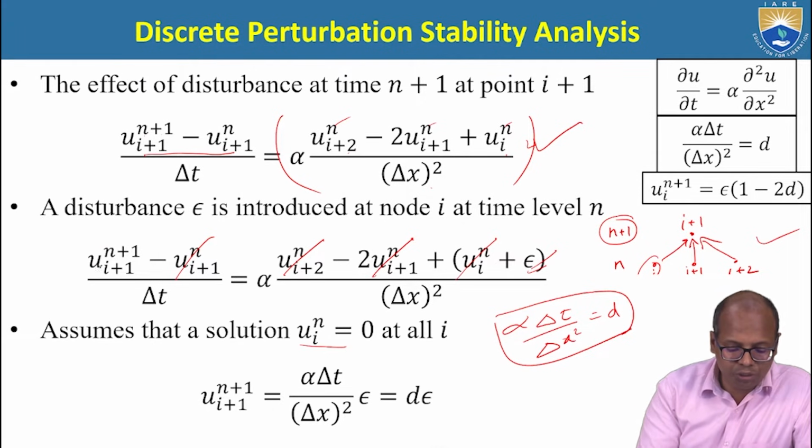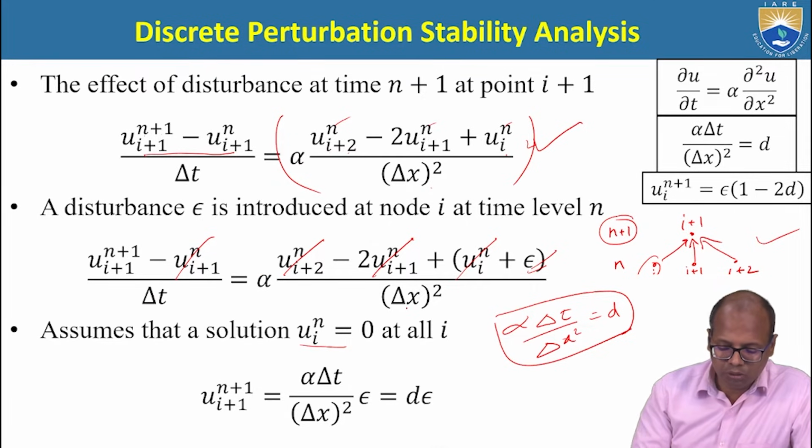Now u at I plus 1, n plus 1 is equal to alpha delta t into 2 divided by delta x square, into epsilon. 2 will not be there, epsilon will be there. So epsilon alpha delta t by delta x square, this I will get.